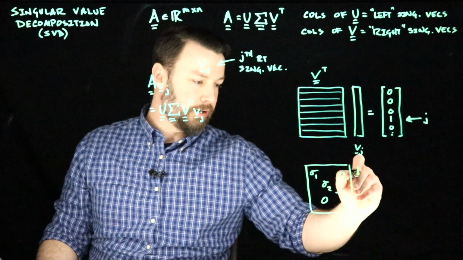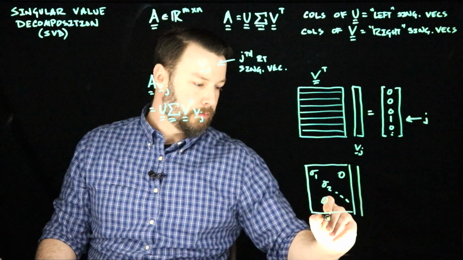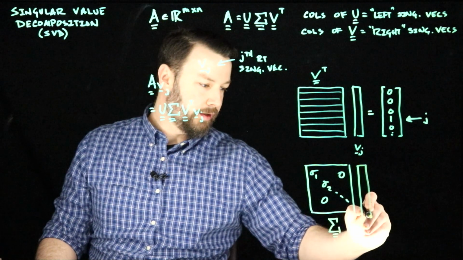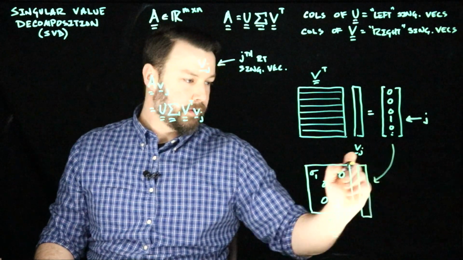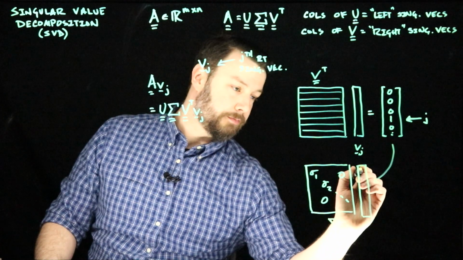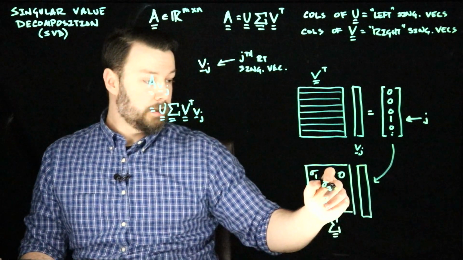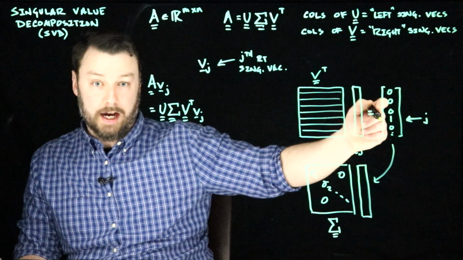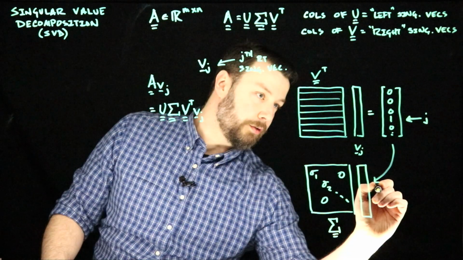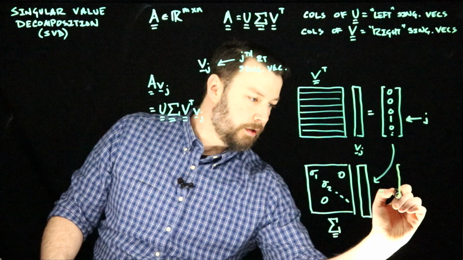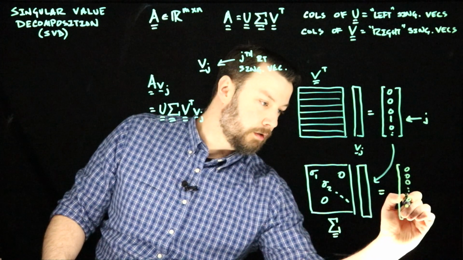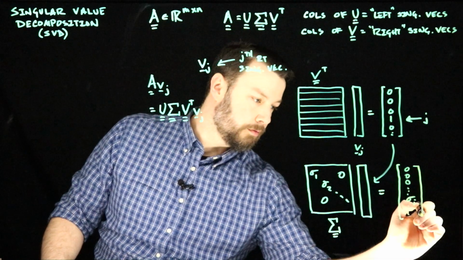And now we multiply that by this slicing vector that we just looked at. It's going to create another vector that looks like this, but instead of a 1, now it has sigma j. So this gives us a bunch of zeros, and then sigma j, and then more zeros.